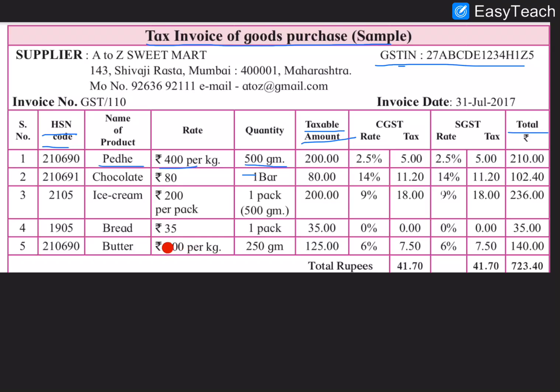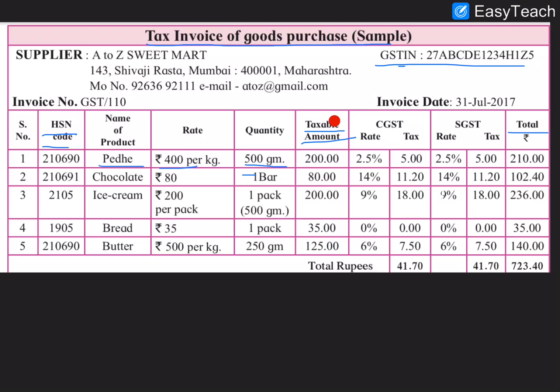And 500 rupees is for 1 kg of butter, but we only buy 250 grams, that is 1/4, so we only pay 1/4 of 500, which is 125 rupees. So the taxable amount column stands for the actual amount that we need to pay for this item.